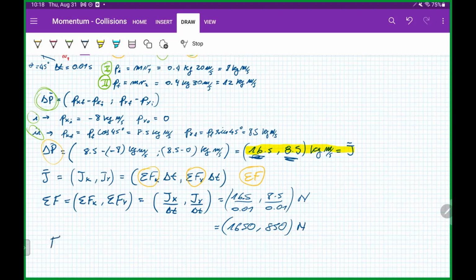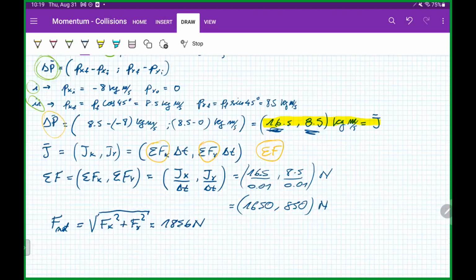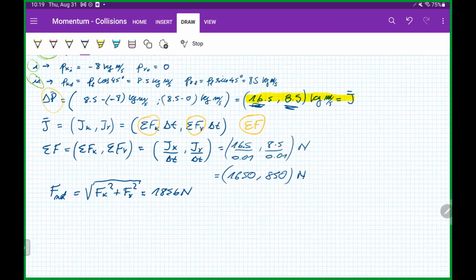And of course, we can calculate the full net force. Let's call it F net here, with simply doing the square root of Fx squared plus Fy squared, right? So this is 1,856 newtons. All right, but this is not finished because we have the modulus. I'm sorry, I'm taking a couple more minutes, but I just wanted to round this problem and have it nicely done.